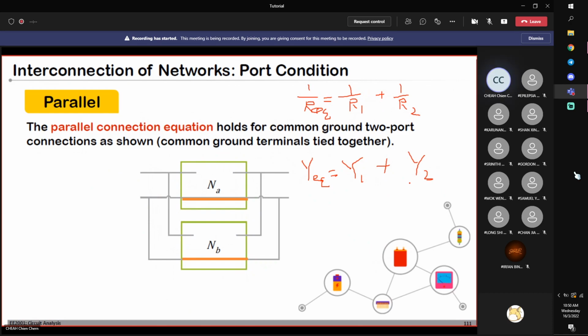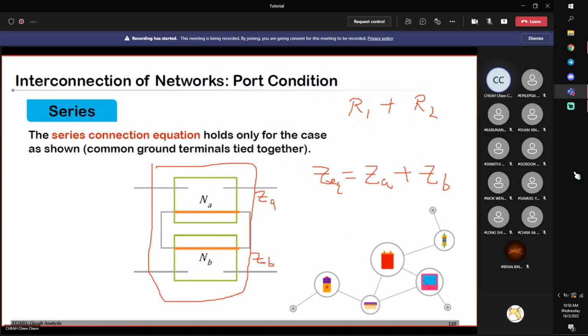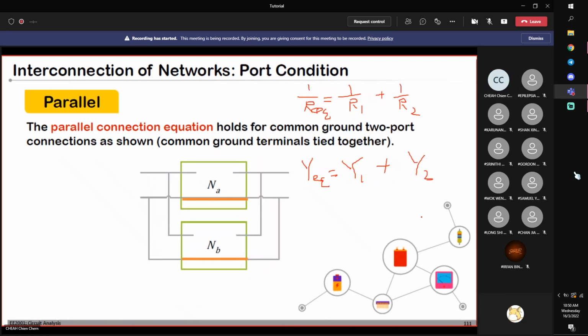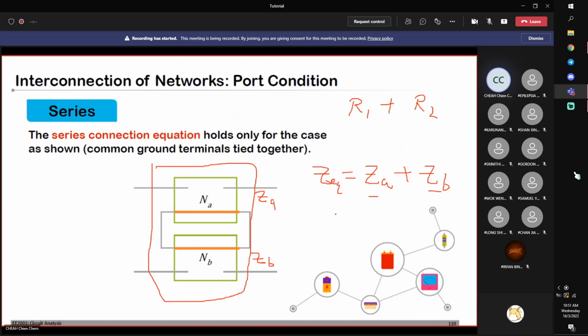This basically means that if you have two-port networks in series with common ground configuration, then you should model them as Z parameters. If you have two-port networks connected in parallel, then you should model them as Y parameters. If you want another form, for example you have them in series, what you do is first write it down in Z parameters form, then transform it into the other form that you want.